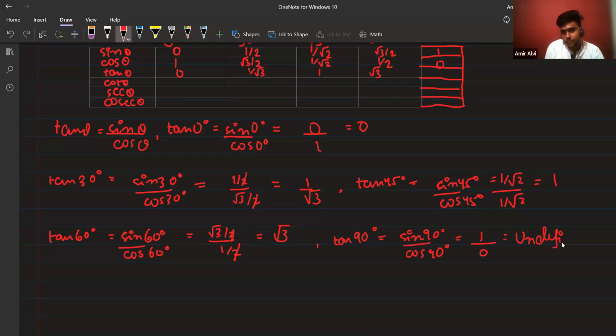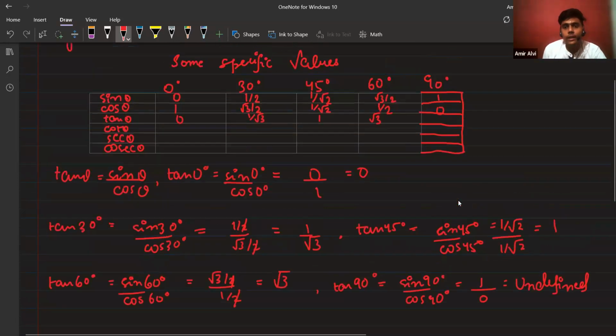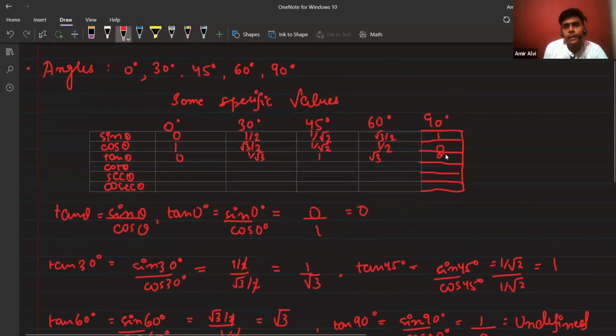If it comes 1 by 0, it's infinite. Yes, we can say infinity, but at this point we cannot use infinity in the school exams, so we just mention that it is undefined. Or we can write the symbol infinity.